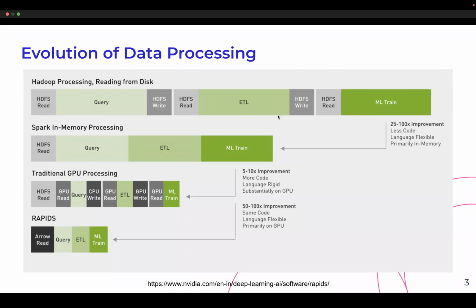But later on, once Spark was introduced, in-memory processing was the starting point for data processing pipelines. So here you can see once you read the data, you can query to the ETL jobs as well as train the models without any write operations, as you can see at the top.